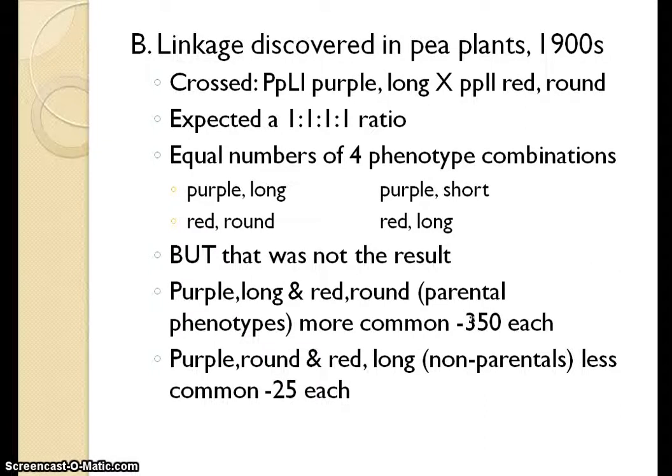We did have a few purple rounds and a few red longs, but much, much less. In fact, we only had about 25 of each of these. So we did not see equal numbers. We did not see a 1:1:1:1 ratio. Instead, we found a lot of parental phenotypes and very few non-parental phenotypes.